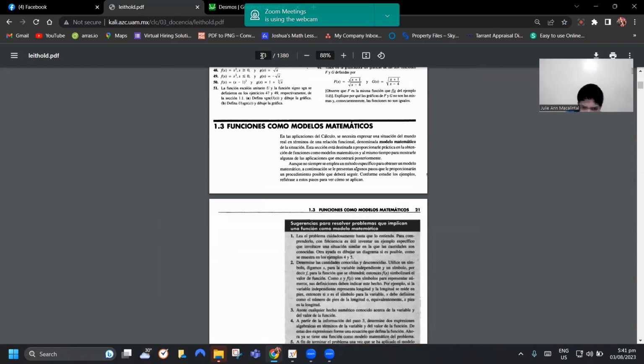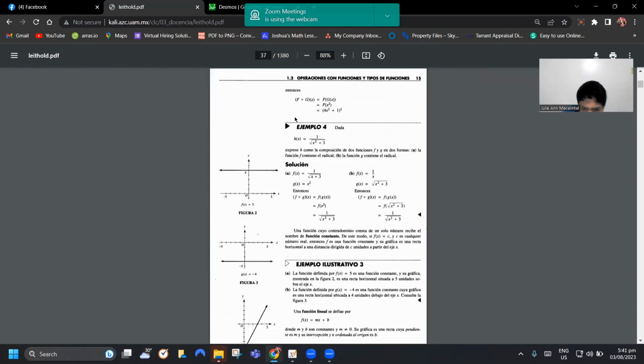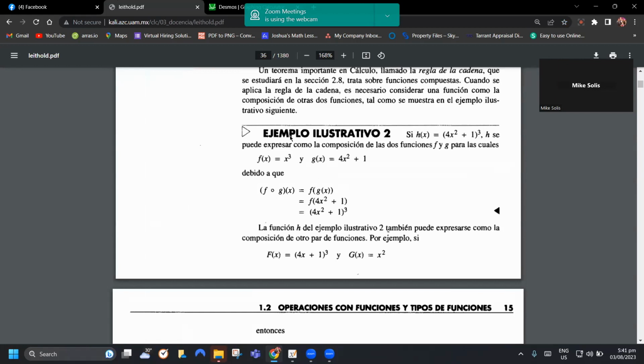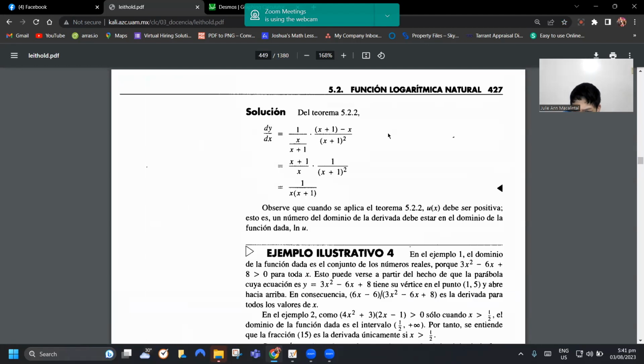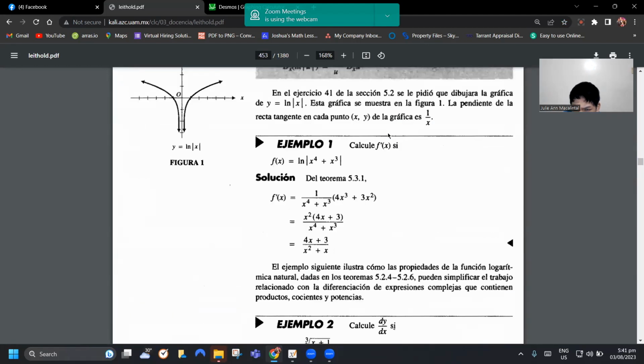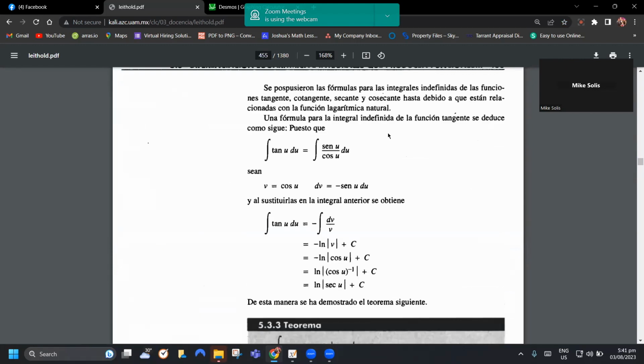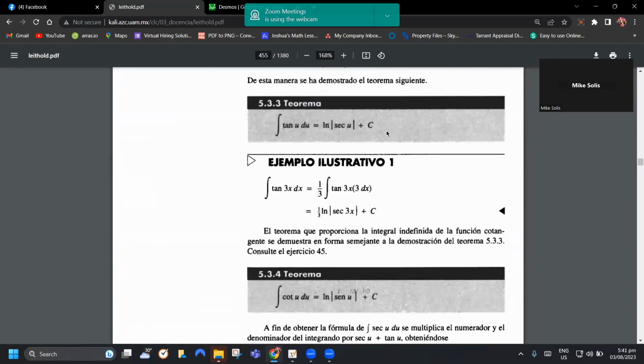Alam mong page siya? Mga 437. Yung hindi ko alam yung PDF page, pero yung book page is 437. So, mga 449. 5.2, ayan. So 5.1 lang tayo.